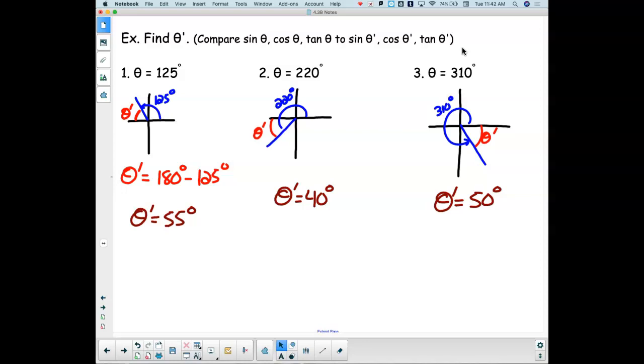Okay? So we're comparing sine right now. Sine of 125 and 55. Sine of 220 and 40. Sine of 310 and 50.